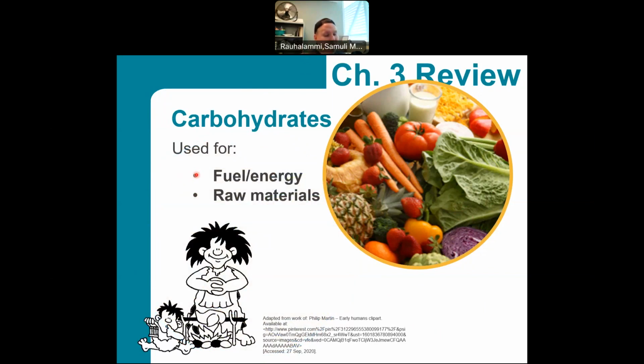They provide the raw materials from which many things are built. So I think that in a way, because many of us like our carbs, it might be an evolutionary remnant from the time when we really wanted to ensure that we could get as much energy into our body as possible. So we have this preference for carb-rich food.